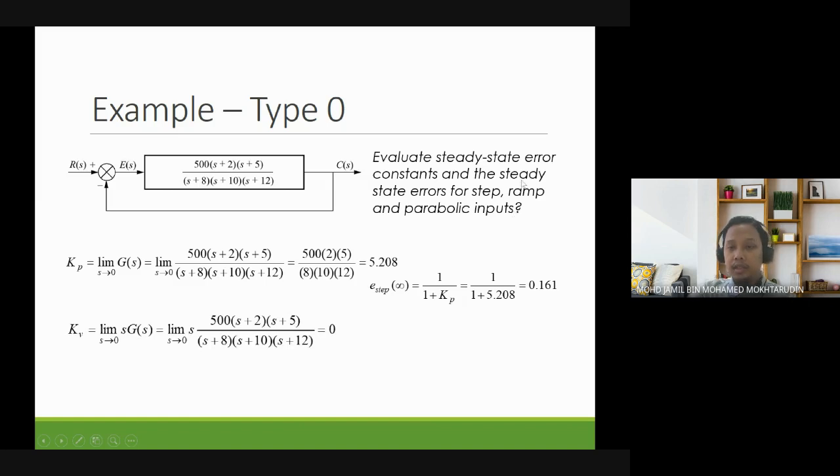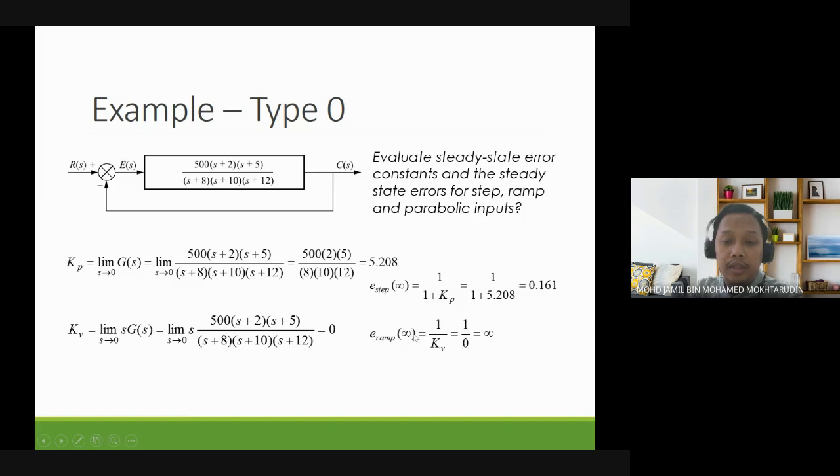Next, under a ramp input, you calculate Kv, which is the limit of s times G(s). When s approaches 0, you get the limit equals 0, because you have s at the beginning.